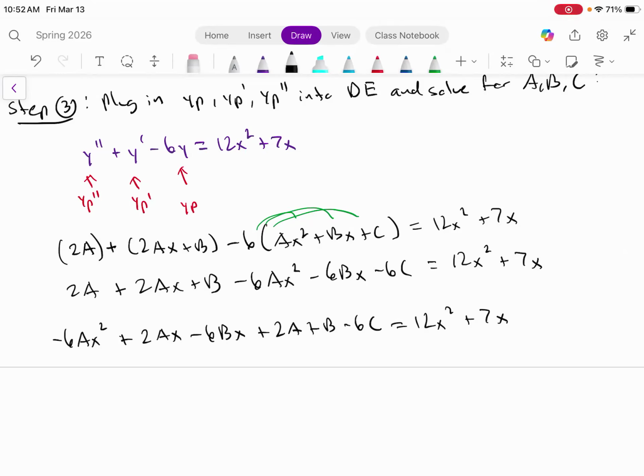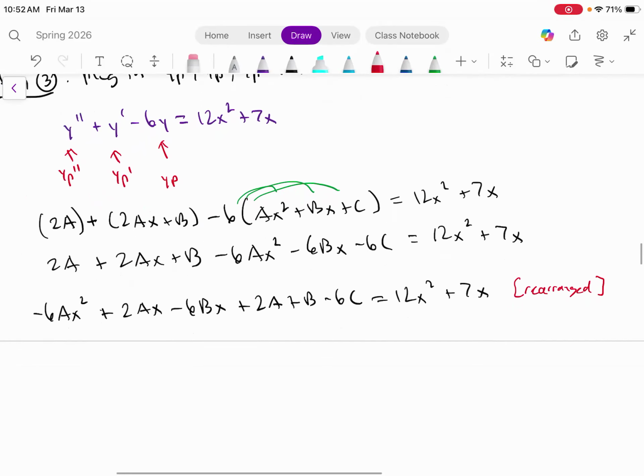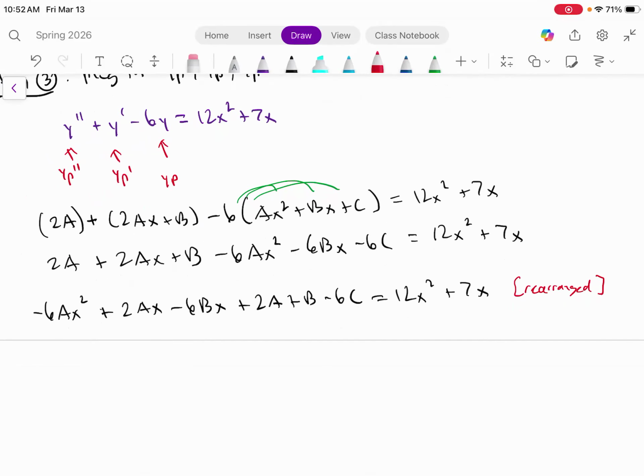Okay, so I rearranged. Let me make a little note that I rearranged them. And so what I'm going to do now is factor out their variables, like x squared, x, and I'm going to group together the constants to be one constant, essentially.